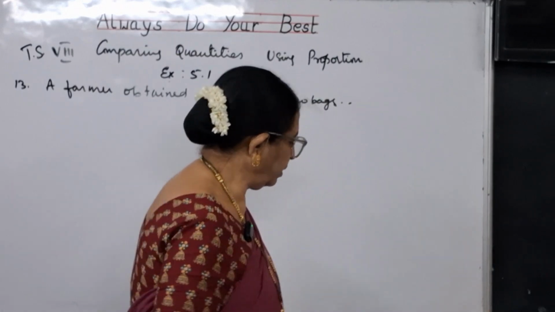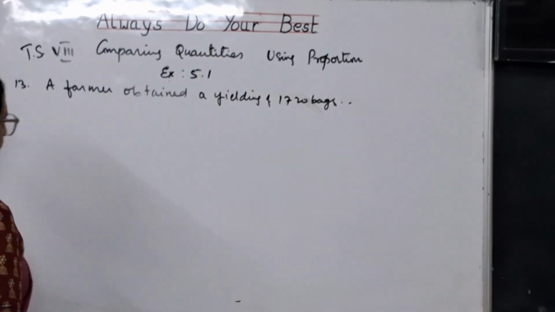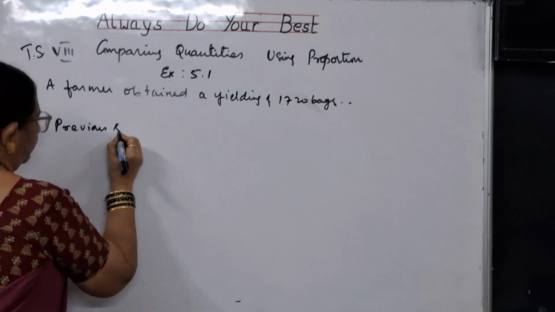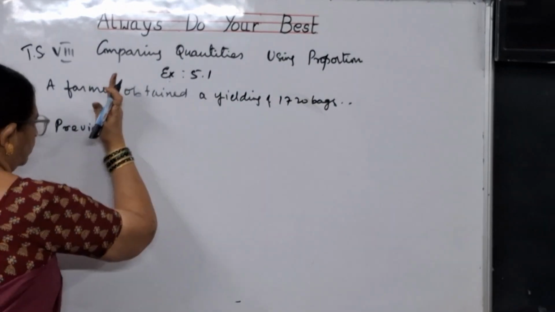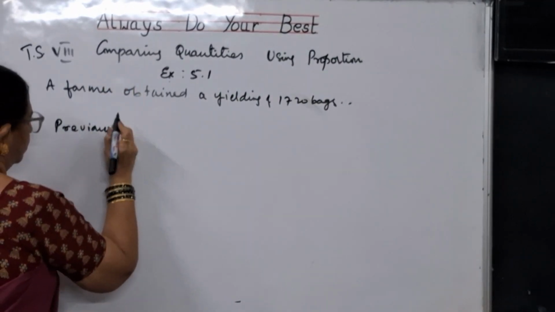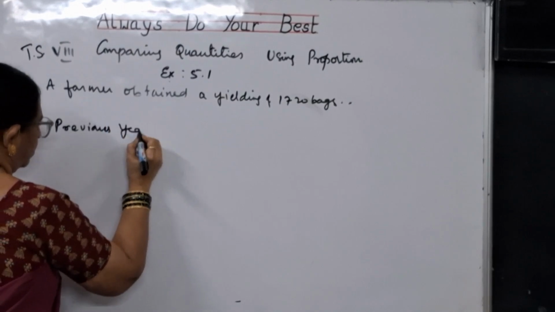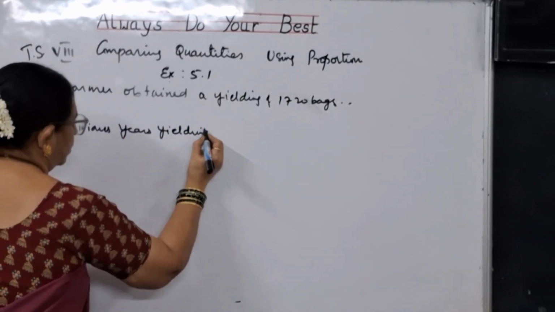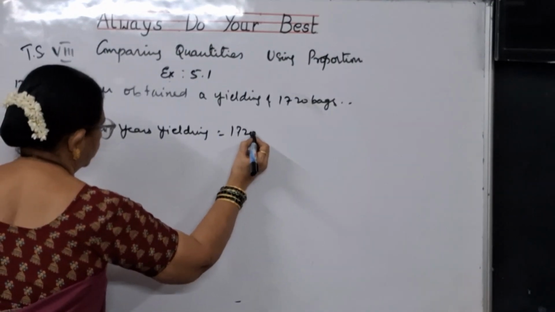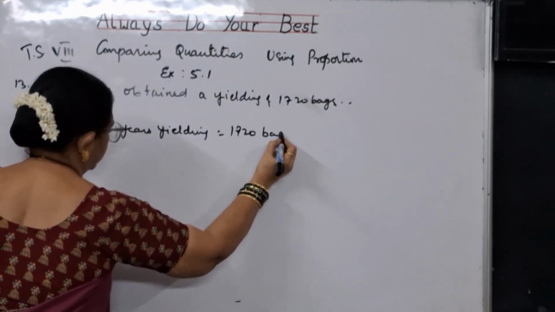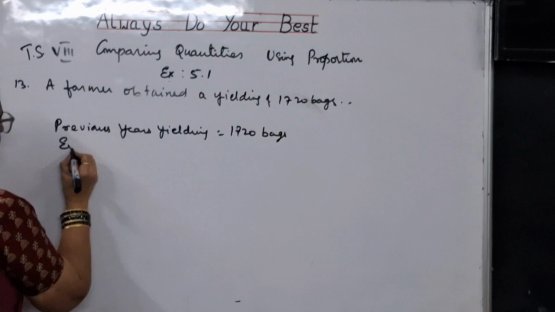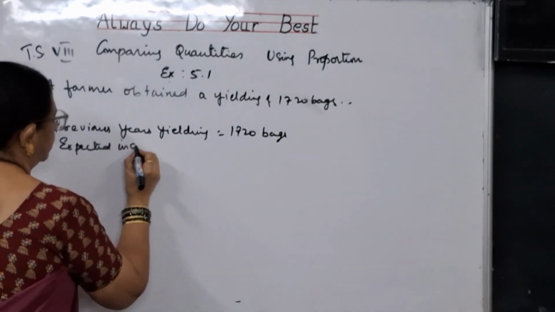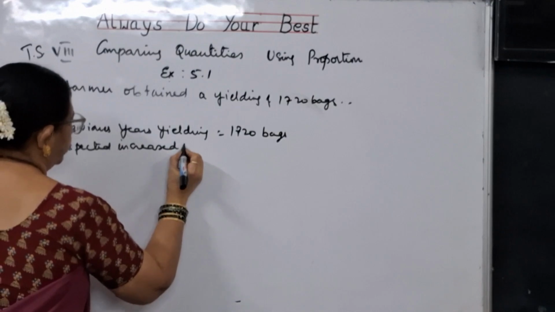So, what is the yielding? Previous year's yielding is 1720 bags. Expected increased percent.